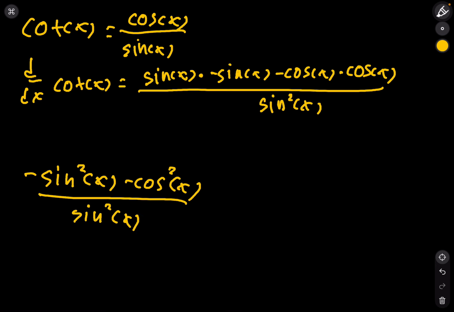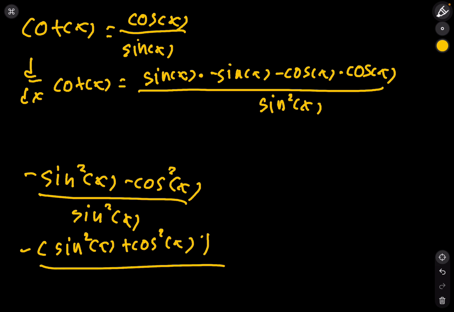You might be tempted to try to break this apart, but I say no. Factor out the negative. Then you get sine square x plus cosine square of x all over sine square of x.